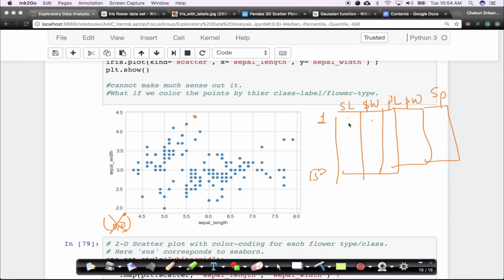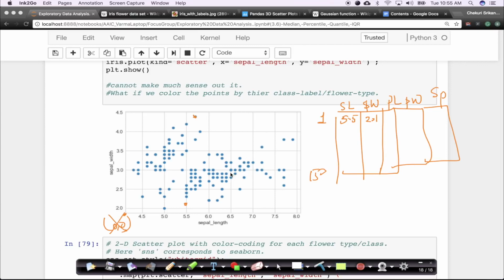So for each flower, let's assume the sepal length is 5.5 and the sepal width is 2.1, then I take the sepal length as 5.5 and the sepal width as 2.1 and put a point here. That's how I plot my scatter plot. It is called a scatter plot because we're scattering all of these points that we have and putting them on a map. So it's a simple scatter plot.